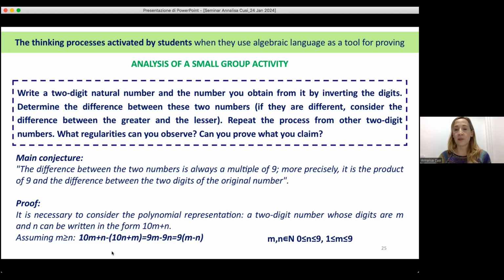So this is the difference between the two numbers. And this difference can be easily treated. So through easy treatments, we can reach this form that highlights that it's a multiple of 9 and it's the product between 9 and the difference between the digits.